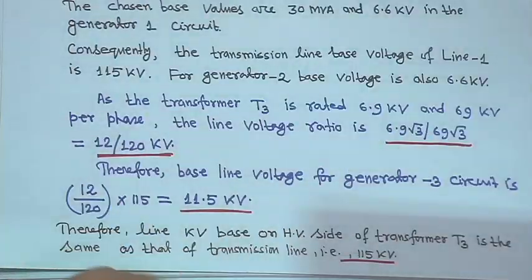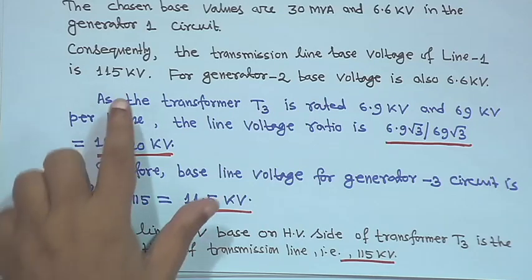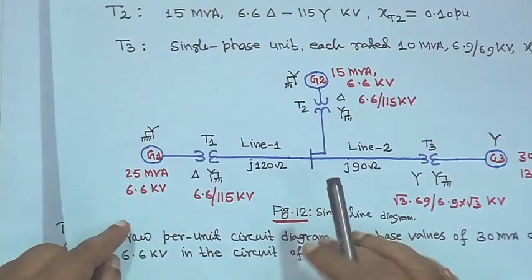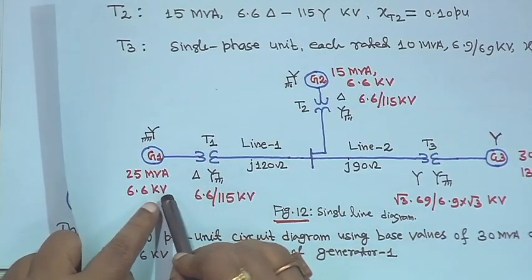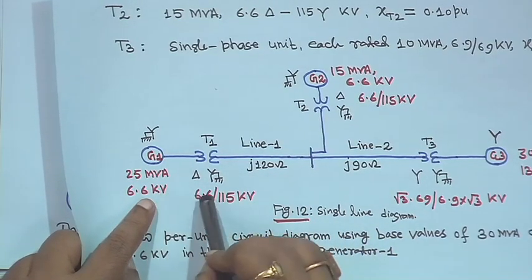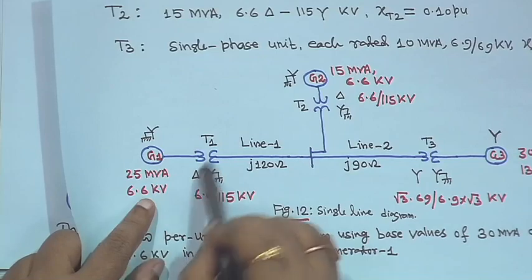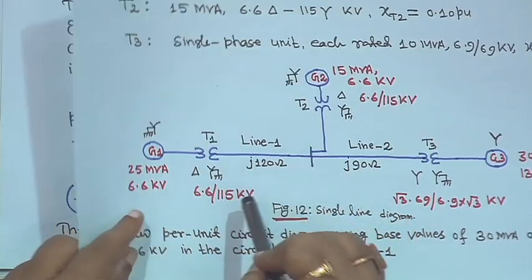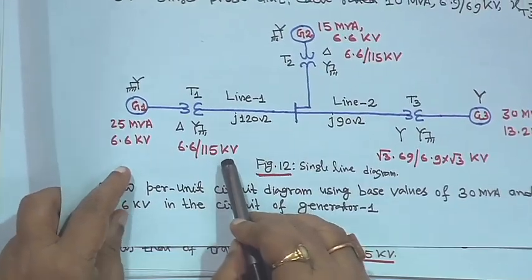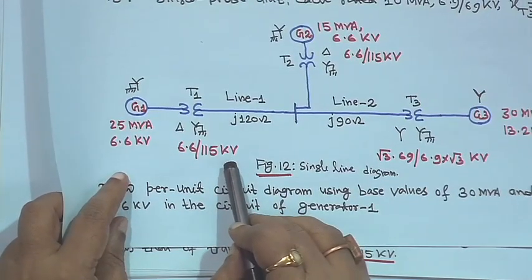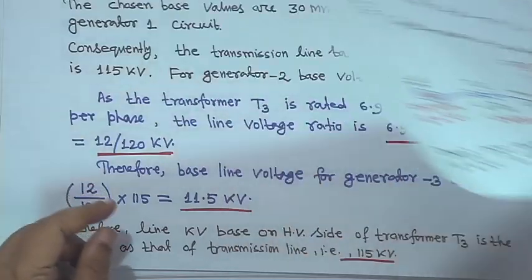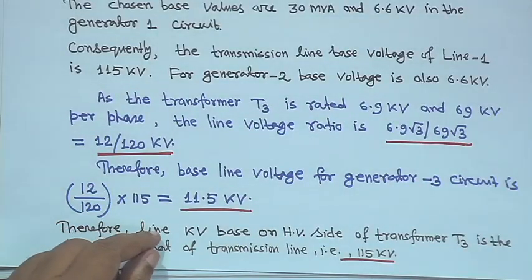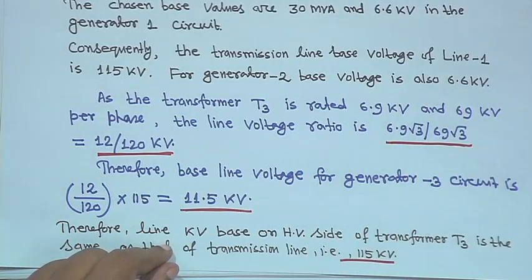Therefore, the transmission line base voltage of line 1 is 115 kV, because the generator terminal voltage is 6.6 kV and this transformer is also 6.6 kV. So automatically the base voltage on this side will be 115 kV, because this is the secondary side transformer voltage. And for generator 2 the base voltage is also 6.6 kV.